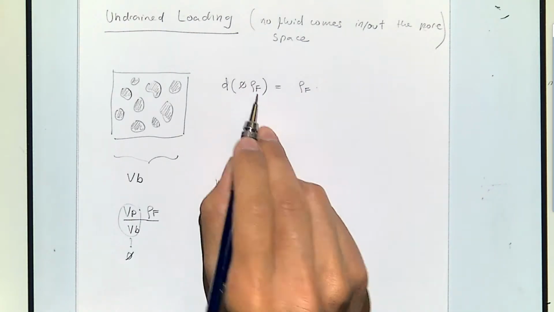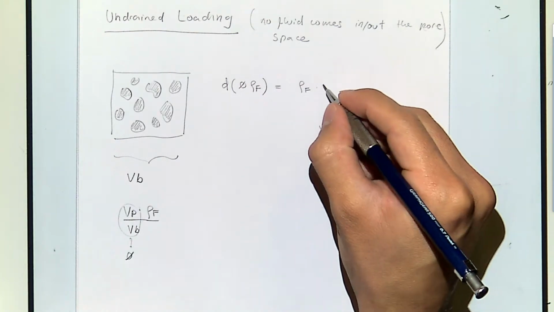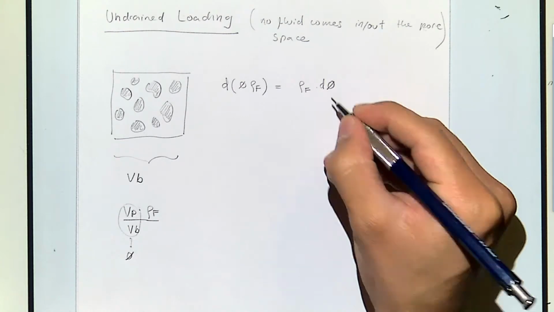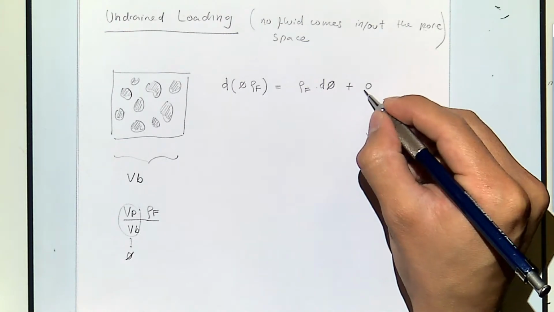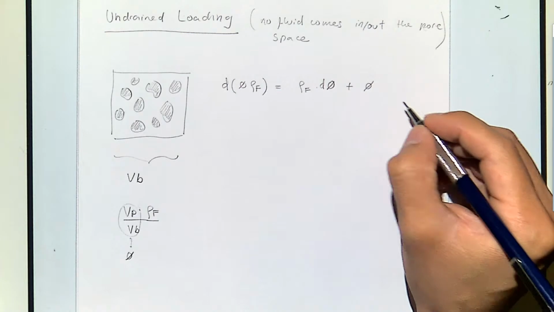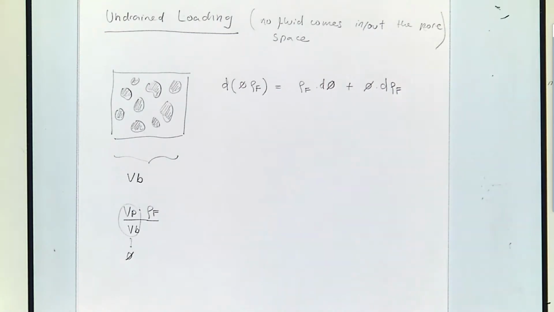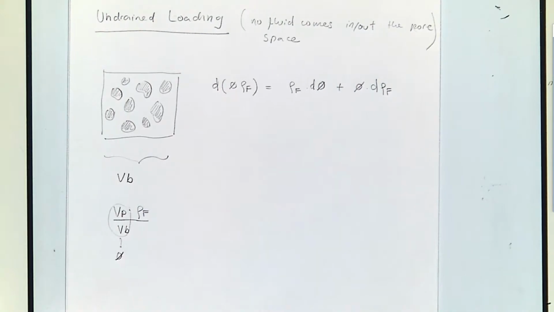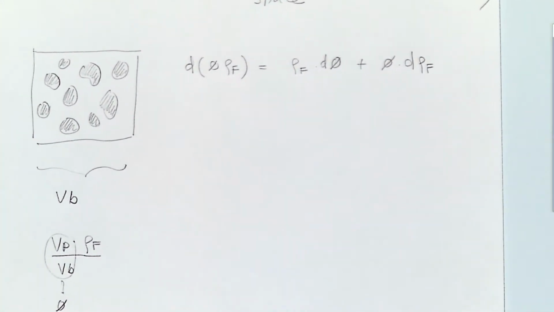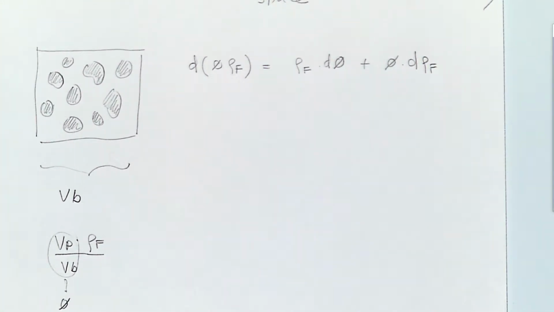All right, so one of them I consider constant, and I consider variations of the other variable, and I add up the variations, with one of the variables constant and variations in the other variable, and this is the result. This is just math, okay? This is just a differential, or the rule of derivatives.